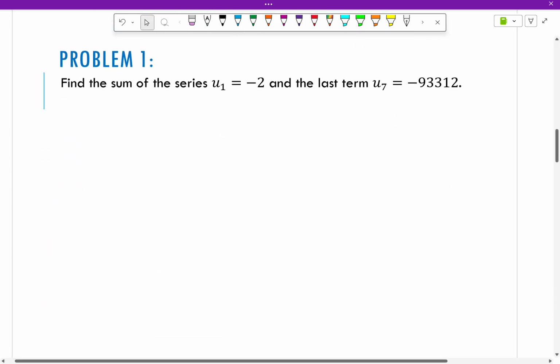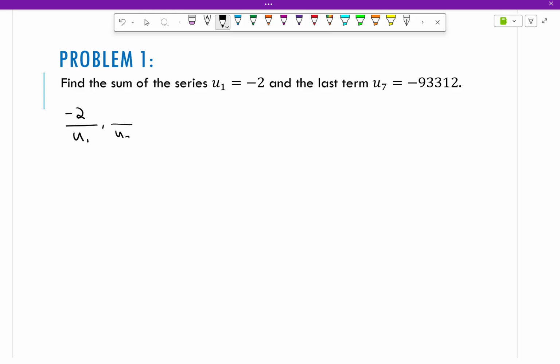So let's take a look at an example. It says find the sum of the series with the first term being -2 and the last term being -93,312, and a total of 7 terms. So our first term is -2.